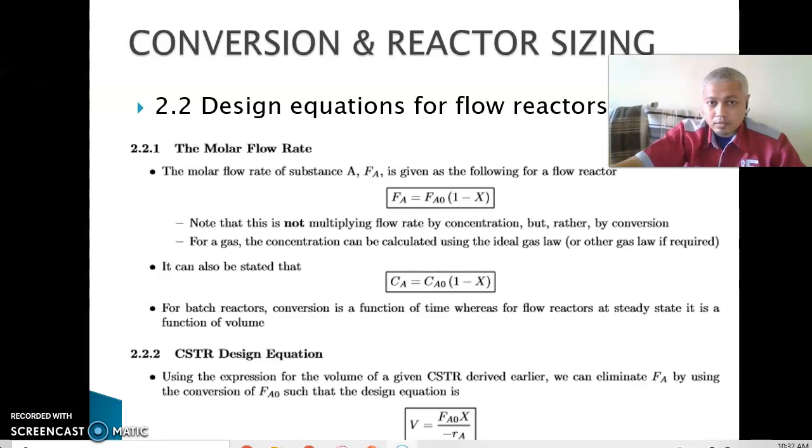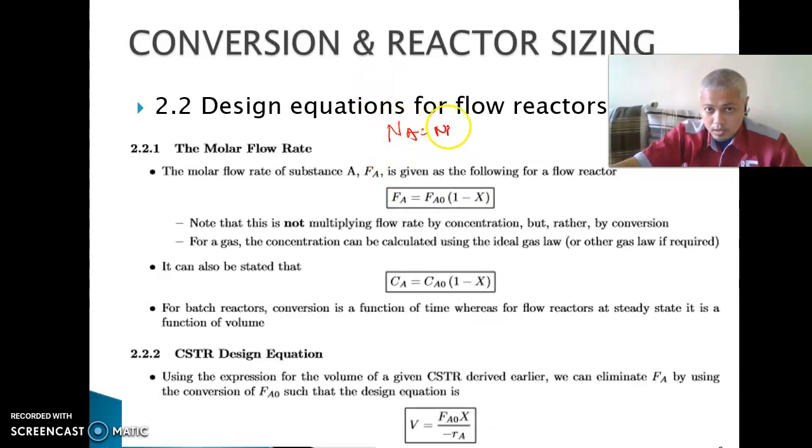And then this is for flow reactor. Previously we learned about batch reactor where we use the term N: Na equals Na naught times 1 minus X. But for flow reactor, since we need to consider time, we need to divide by time.